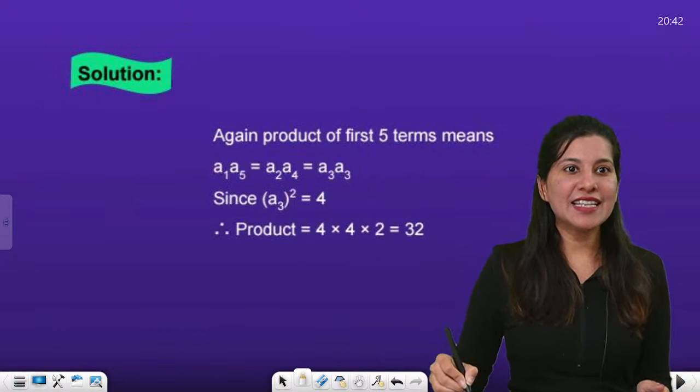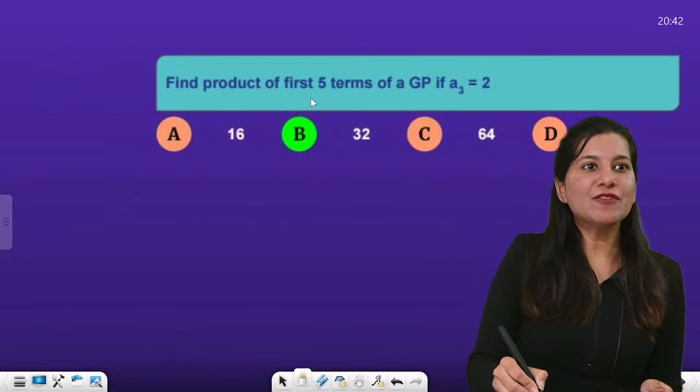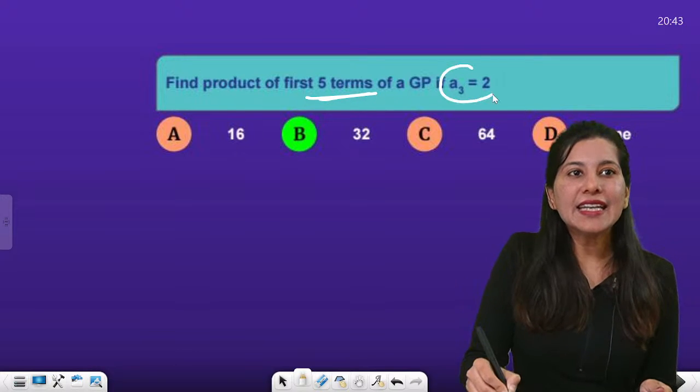Yes. Can you see that the product of the first 5 terms is given, and A3 is 2?